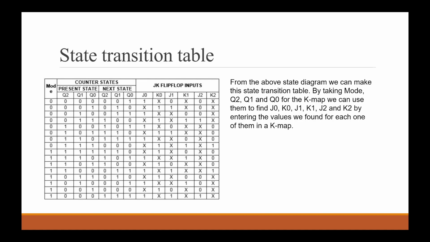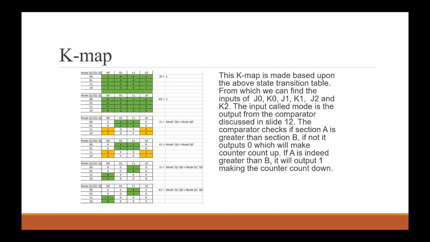For the K-map, we can use them to find J0, K0, J1, K1, J2, and K2 by entering the values we found for each of them in a K-map. This K-map is made based on the above state transition table, from which we can find the inputs of J0, K0, J1, K1, J2, and K2.